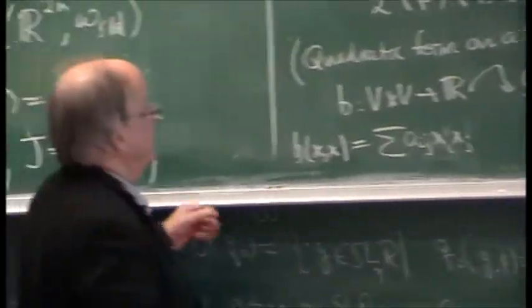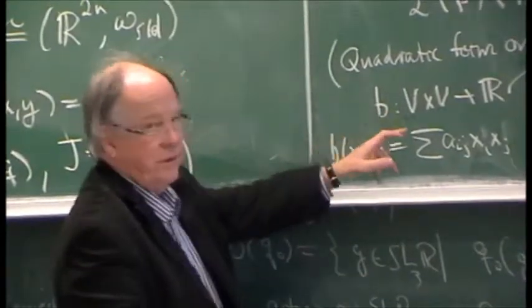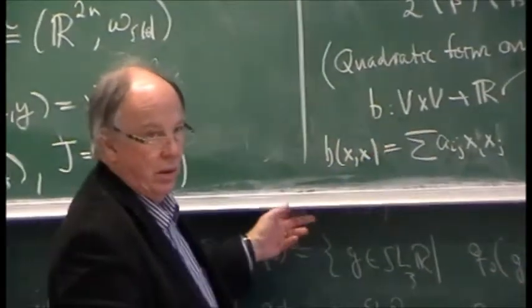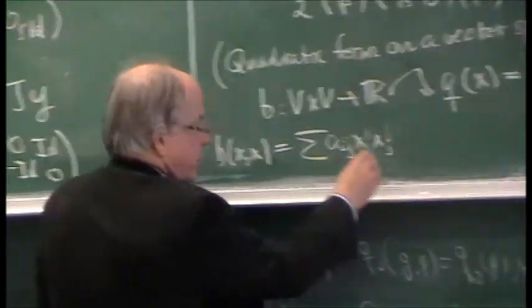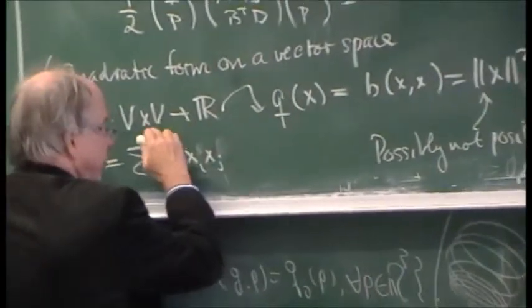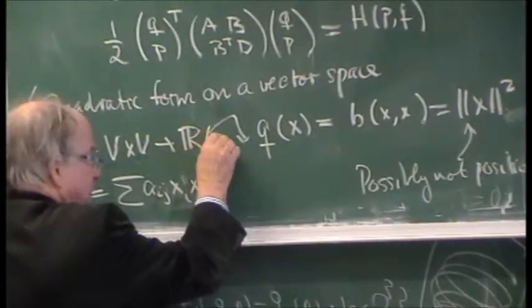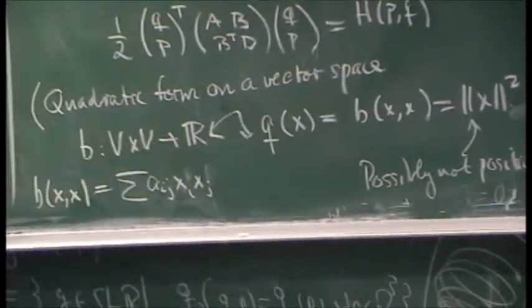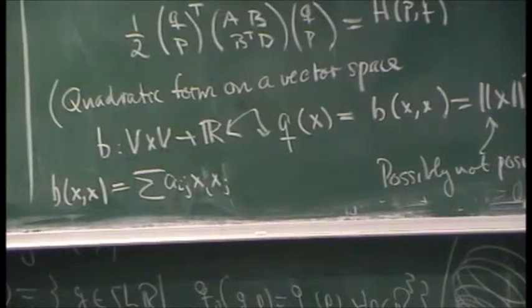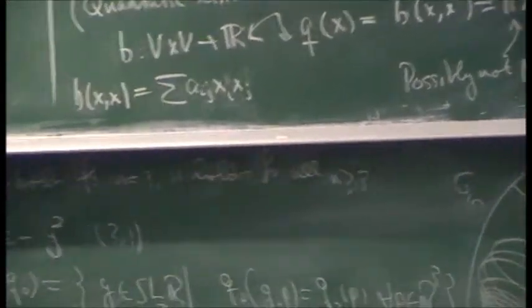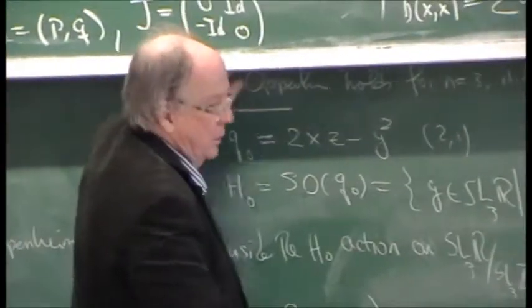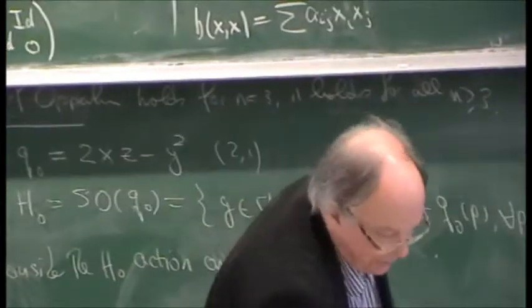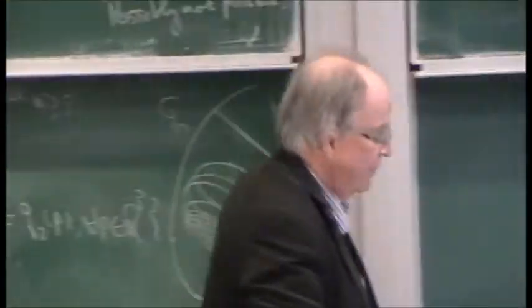So that's what I mean. B is a bilinear form and Q is the associated quadratic form. And as you know, it's trivial to go from the bilinear form to this, but you can go backwards. Given the quadratic form, you can obtain it, you know how to do that, right? So it's just, as you just pointed out, any bilinear form.